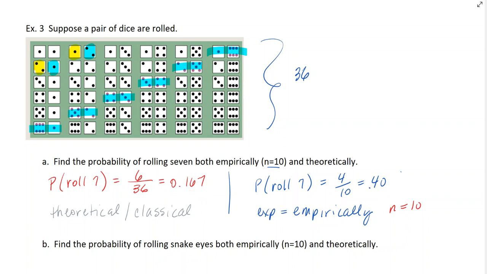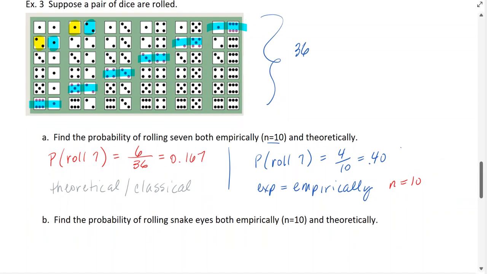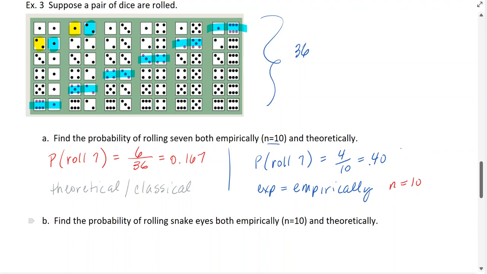Now, let's do this same thing, only let's talk about the probability of rolling snake eyes. And we'll just do it using the theoretical method. Snake eyes, if you're rolling 2 dice, occur when the 2 dice land on a 1 each, because they look like eyes.